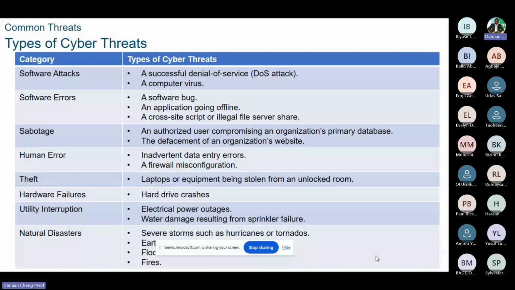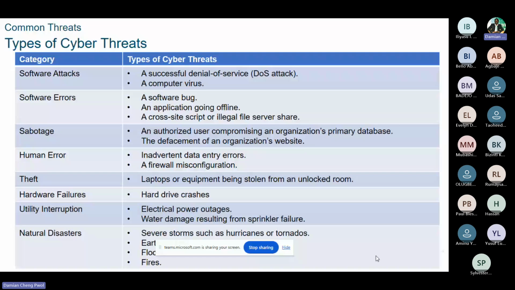Utility interruption, electrical power outage. This is very common with us. Right now, I'm in the dark, but thank God my laptop is running on little energy. In the developed nations, they make sure their servers are connected to the grid so they always have steady power, and that will not be a problem.